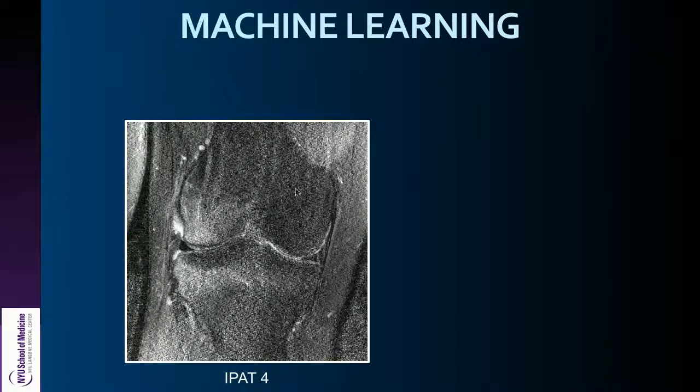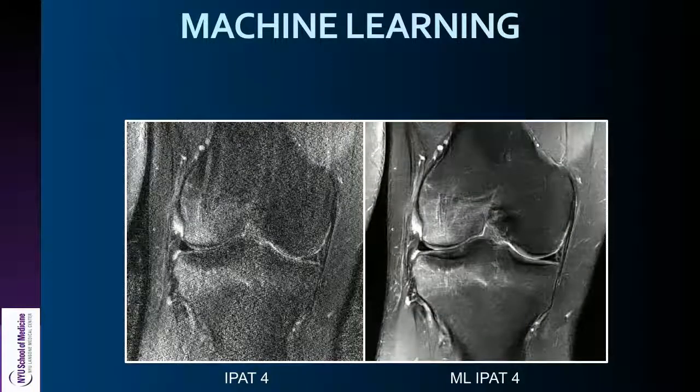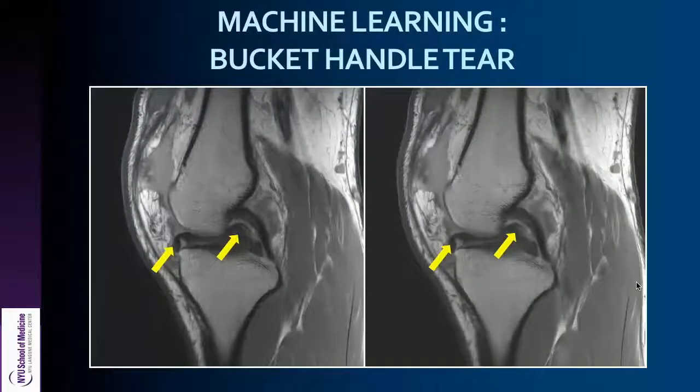It has the potential to take a very noisy and artifact-prone image like this iPAT factor 4 parallel imaging study here and improve the overall depiction of the anatomy, and in this case the pathology, by using a machine learning reconstruction that's trained off of training data. And again, this is from the NYU group. Again, here showing a bucket handle tear on the left with a conventional parallel imaging acquisition on the right with a machine learning reconstruction.